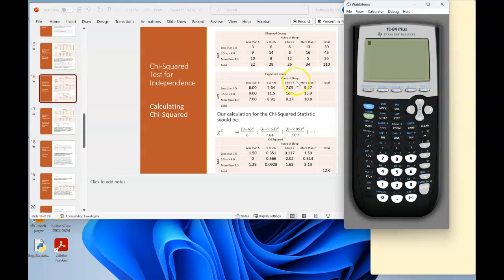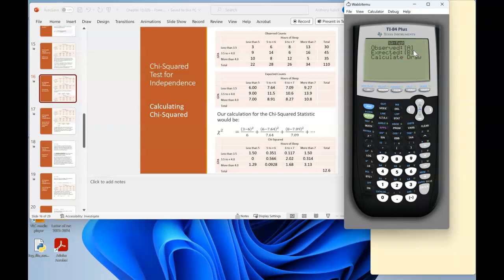So what I'm going to do is go to stat tests, and then scroll down till we find the chi-squared test. If we look at the inputs, the observed counts, what is that object it's asking for?